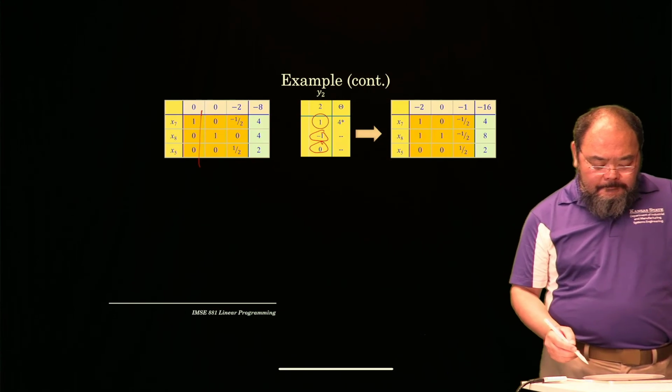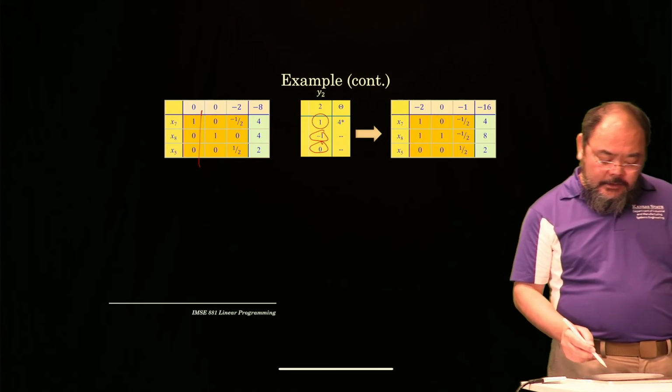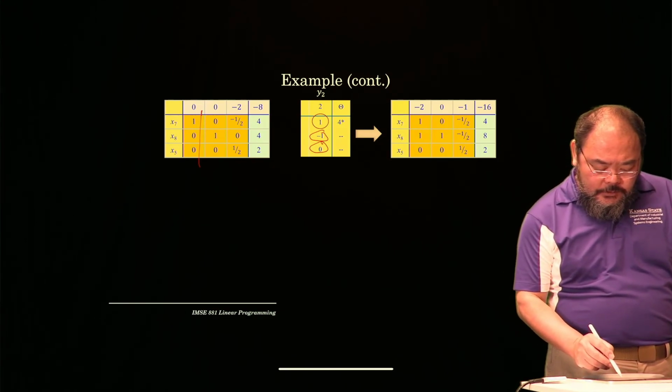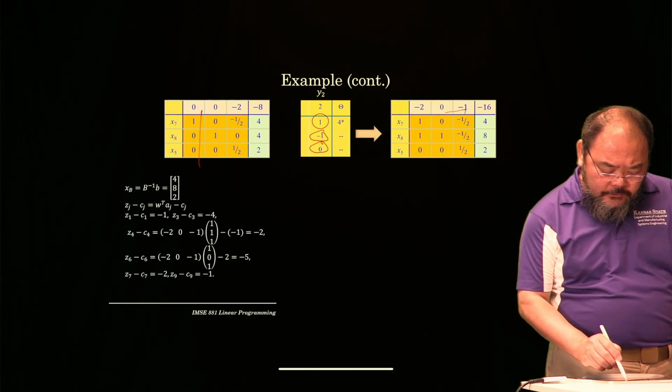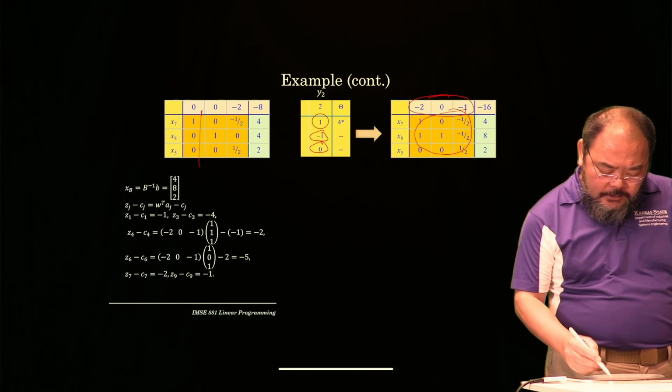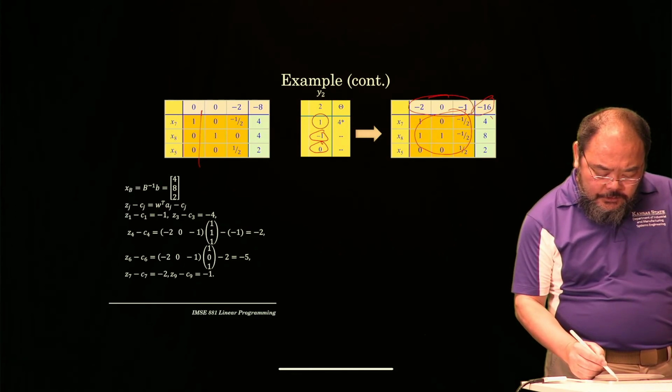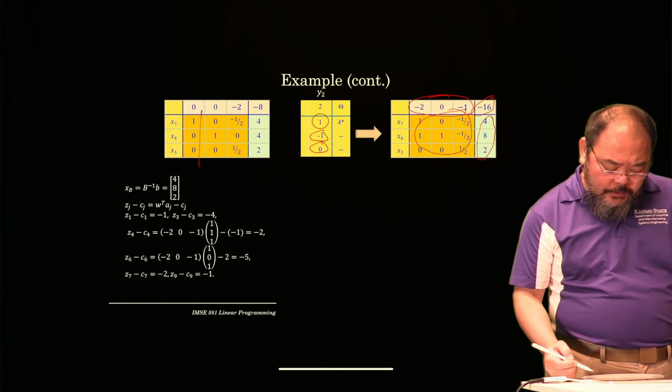So after we do the pivoting, this is my new B inverse, in the middle. And this is my new omega. This is my new objective function. This is the new basic solution.